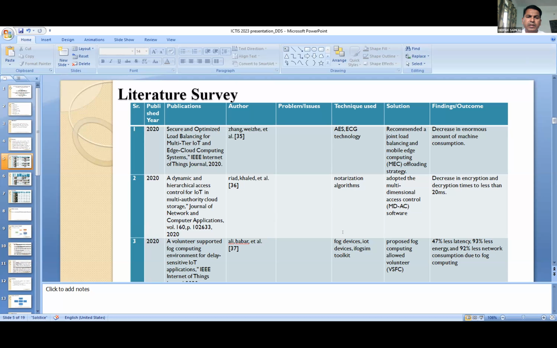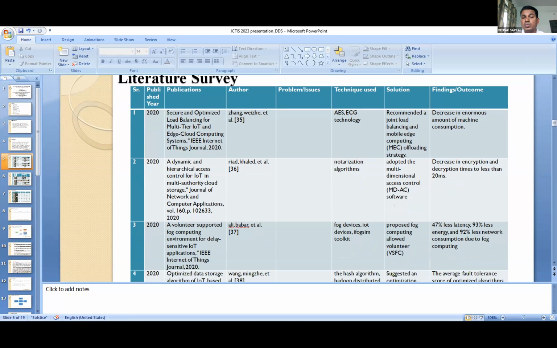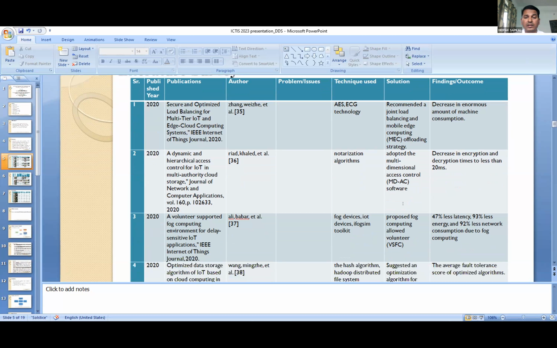Same with dynamic hierarchical access control for IoT, where access control is based on time and specific conditions, so it does not handle many access criteria.